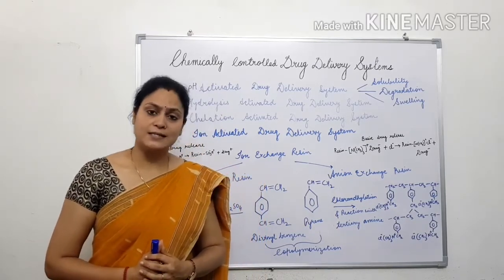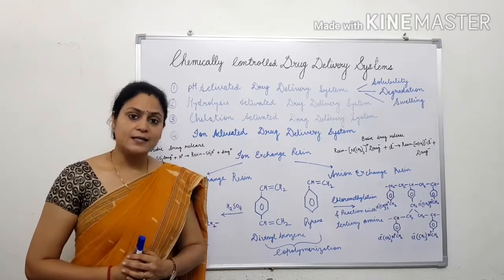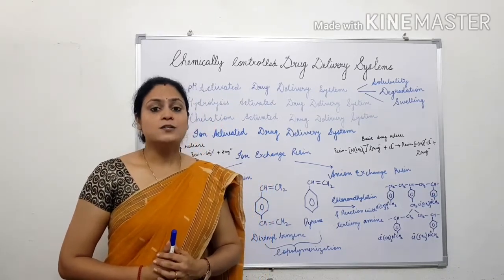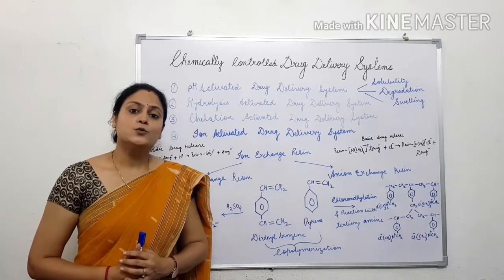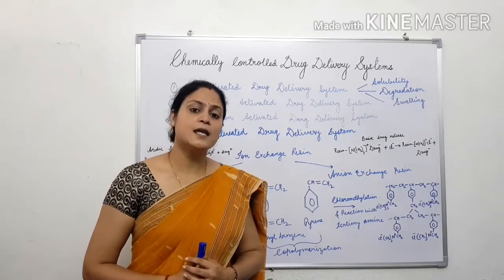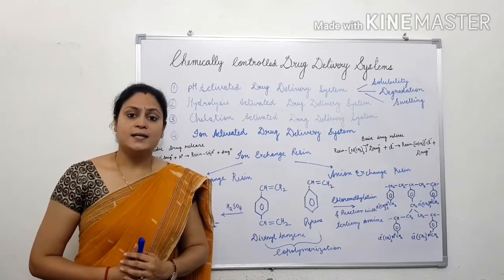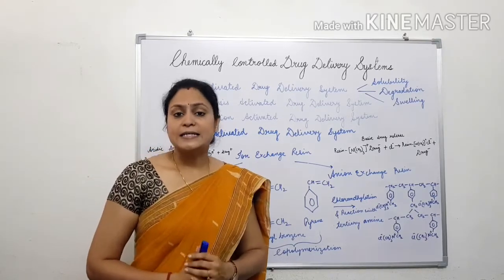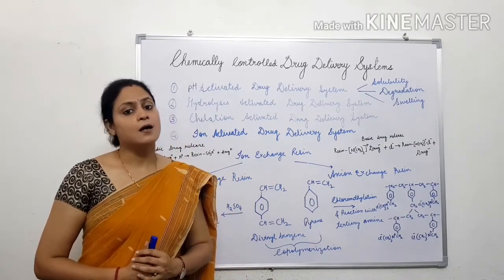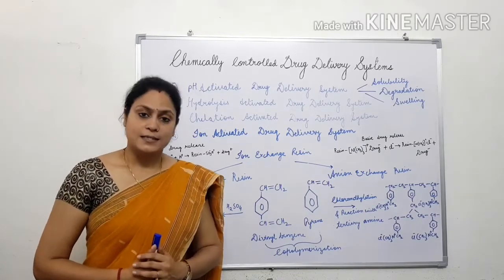Upon reaching the intestine, when the pH is increased or alkaline, these polyacidic polymers ionize and swell, enabling the drug to release out of the delivery system. Similarly, polybasic polymers remain ionized and swell at acidic pH, that is in the stomach, where they can easily release the drug which is incorporated in these drug delivery systems.